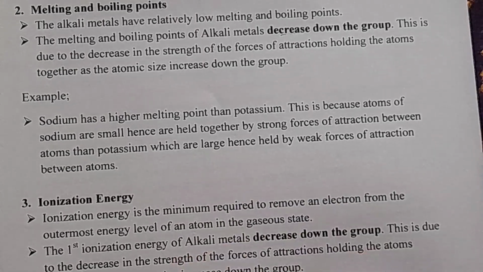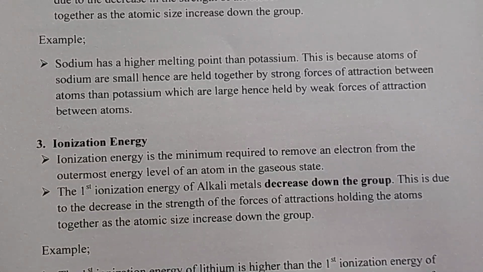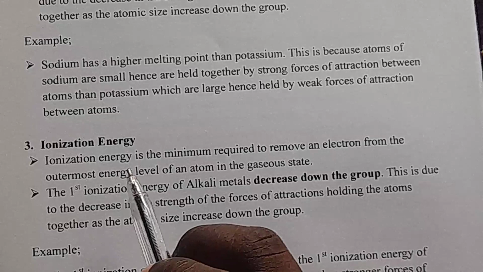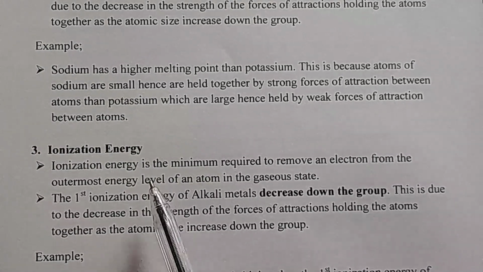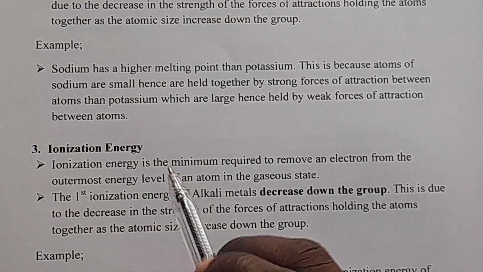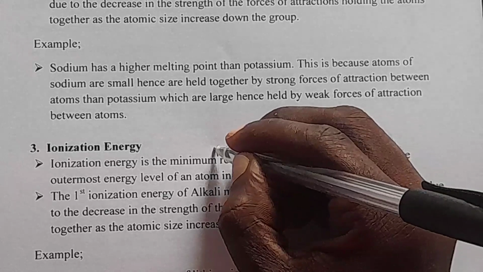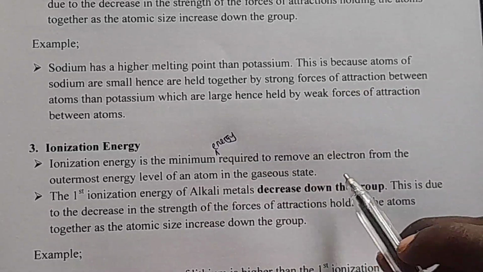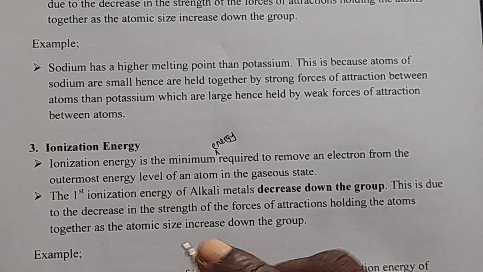Next, number 3, we are going to do ionization energy, or the first ionization energy. So what is ionization energy? During the exam you can be told what is meant by the term ionization energy. Ionization energy is the minimum energy required to remove an electron from the outermost energy level of an atom in the gaseous state.